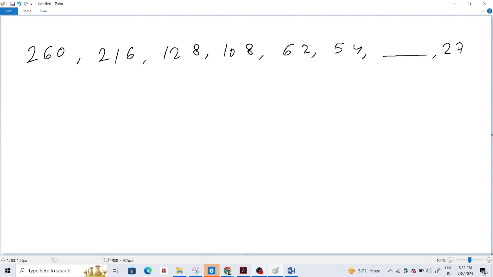But again, you first of all see common difference. You see whether there is common difference or not, whether there is constant multiplication or not, or maybe two series are combined. Think in this way.